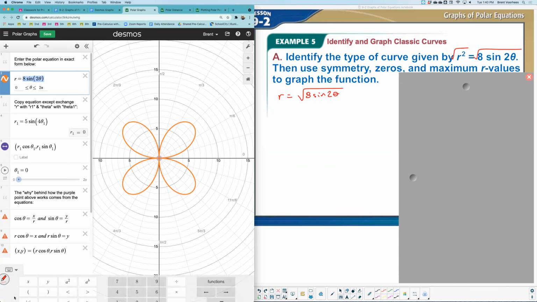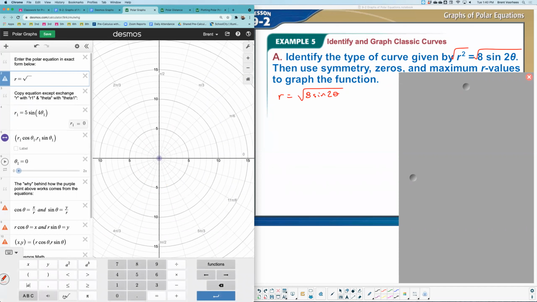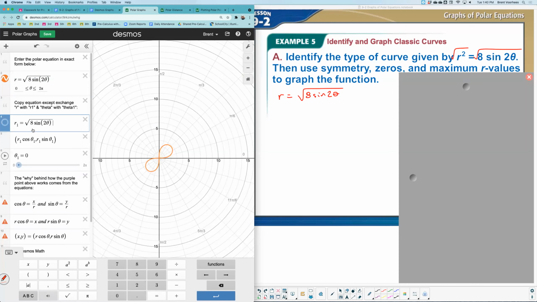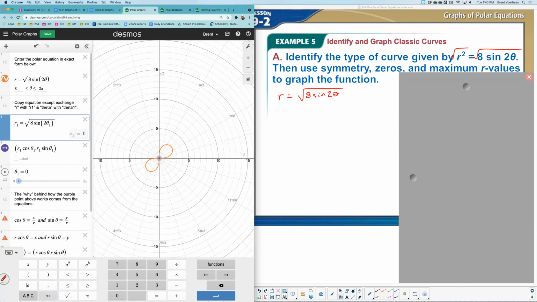I'll just have to type it in: 8 sine of 2 theta. I'm going to copy this and paste it on this equation right here, but I'm just going to put a 1 after the theta.